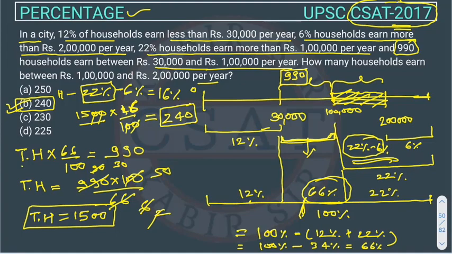So now we will calculate the total households. It will come out 1500. Now we also know that people earning between 1 lakh and 2 lakh will be 22% minus 6%. So that will come out 16%, right? So now we have to calculate just 16% of 1500. So it will come out 240.